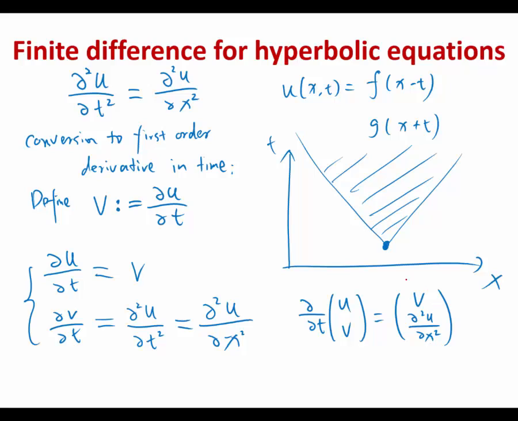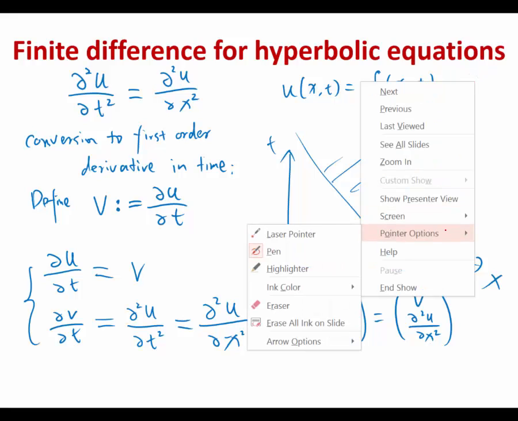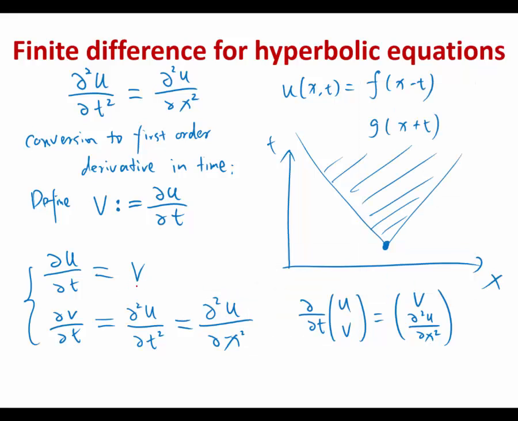And I can approximate this in terms of ordinary differential equations using the same finite difference we discussed before. So the approximation in u is, let me actually erase this to have more space.